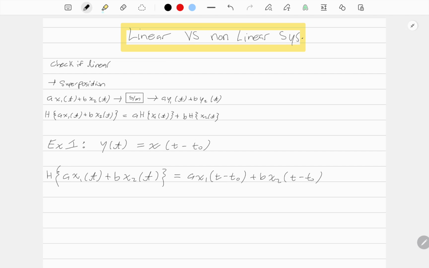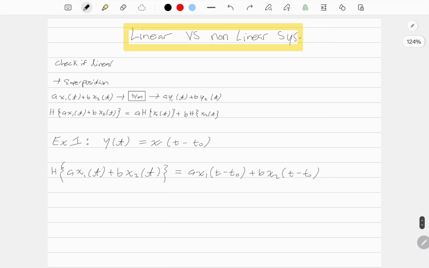And if you're wondering where this a x1 t and b x2 t minus t naught came from, well, I'm just following the equation to check if it's linear. It's just as simple as that. You're just following an equation.